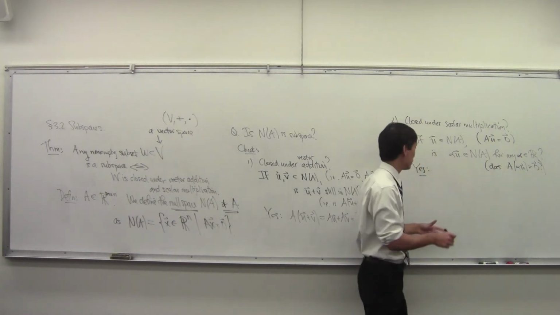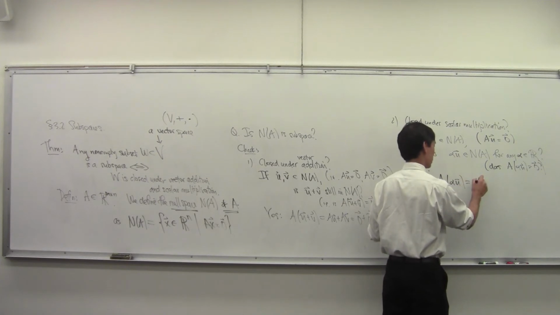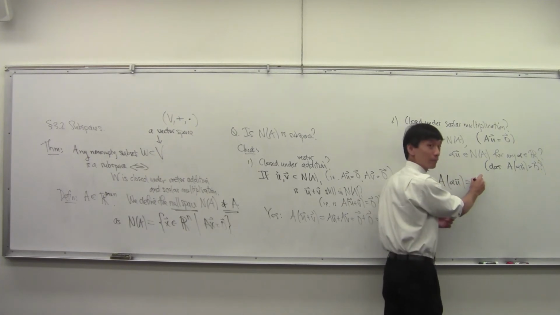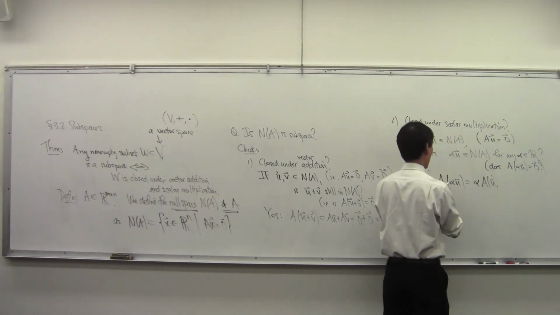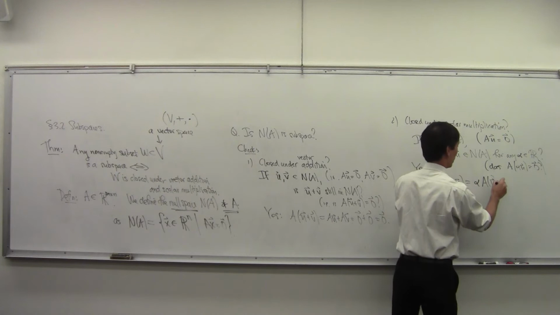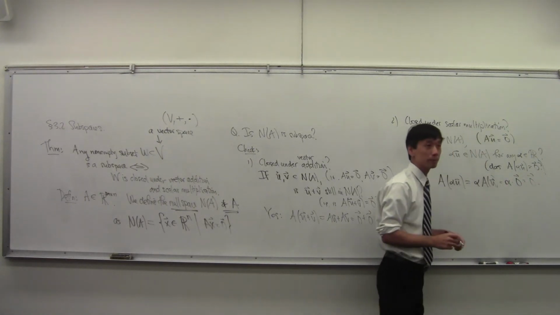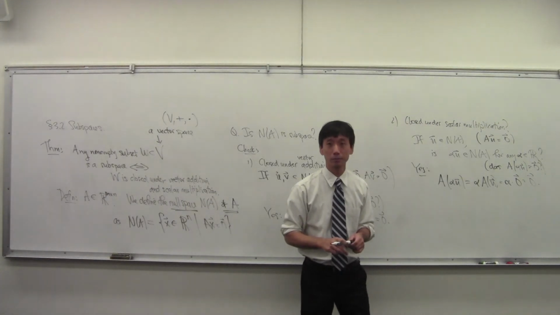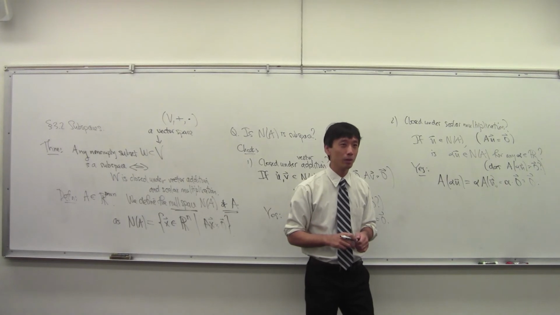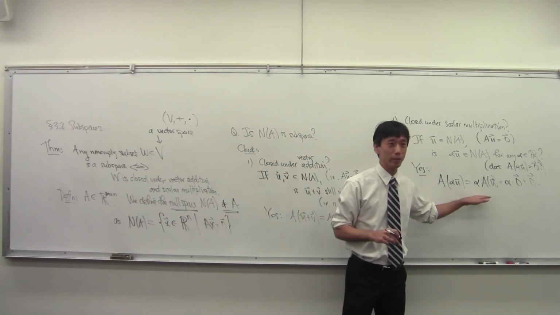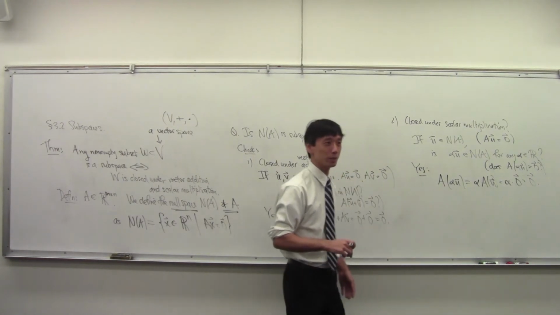And the answer is yes, because A alpha U is going to be alpha AU, which is just alpha times 0, which is 0. I hope this is pretty straightforward. It should be.